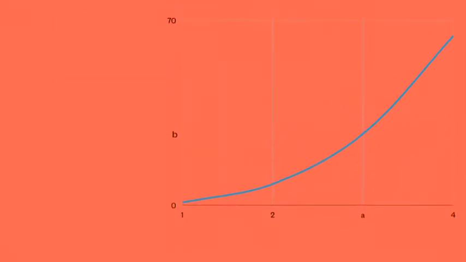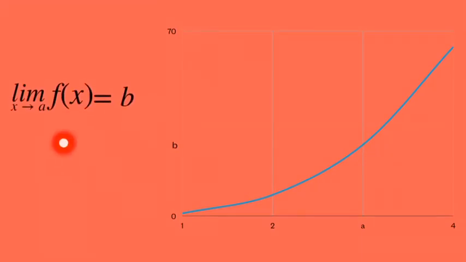So the best way to answer that question is by looking at a graph. So this is the standard way to write a limit. And what this says is when x, the input of f of x, approaches a constant a from values greater than a and less than a, what do those corresponding f of x's approach?